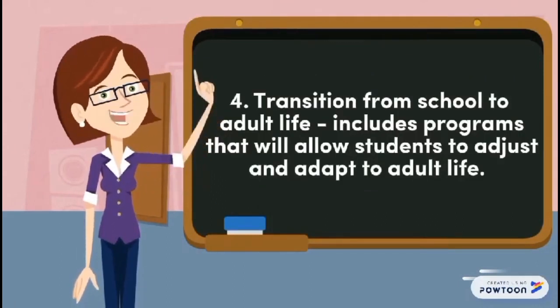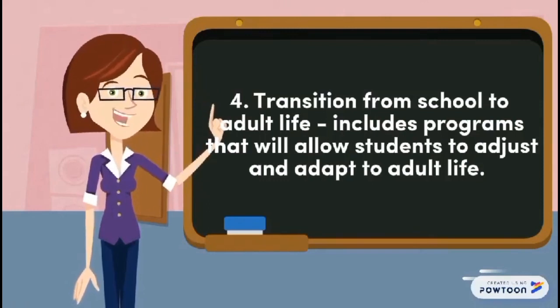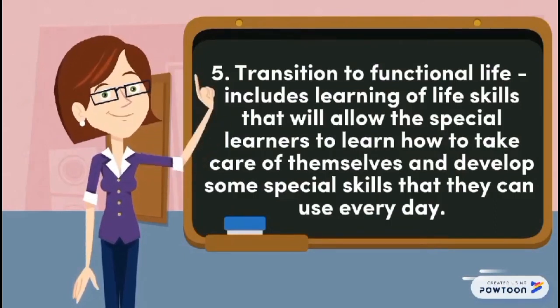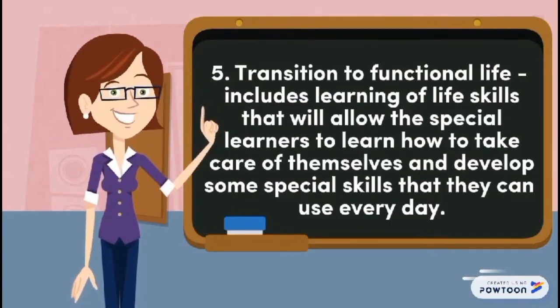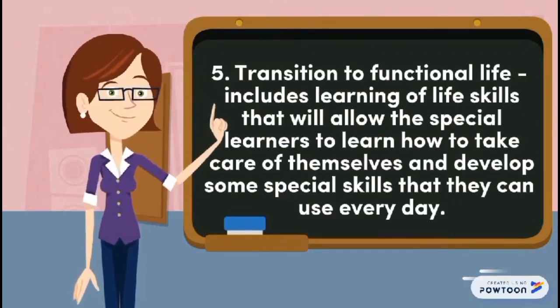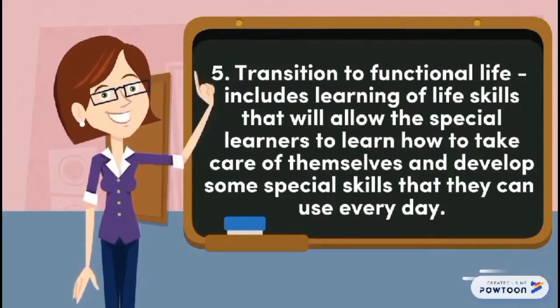Transition from school to adult life includes programs that will allow students to adjust and adapt to adult life. 5. Transition to functional life includes learning of life skills that will allow the special learners to learn how to take care of themselves and develop some special skills that they can use every day.